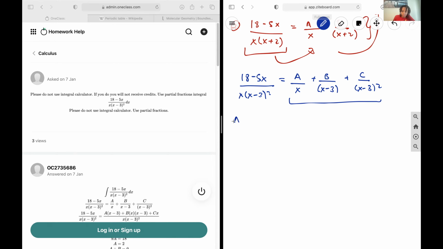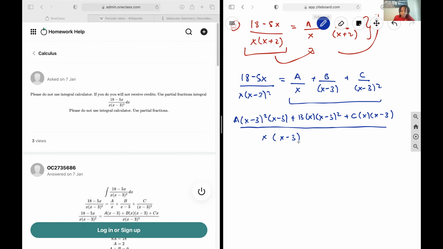And we're just going to do that by doing a into (x minus 3) squared into (x minus 3) plus b into (x minus 3) squared plus c into (x minus 3), all over x into (x minus 3) into (x minus 3) squared.